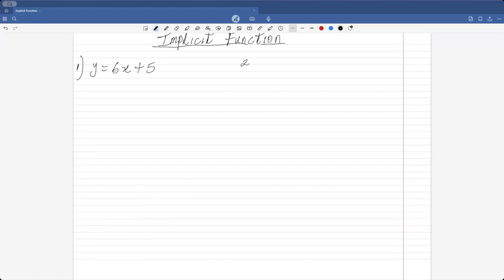The second problem says y squared equals 12x squared plus 3. Number 3, we have x squared plus y squared equals 14.